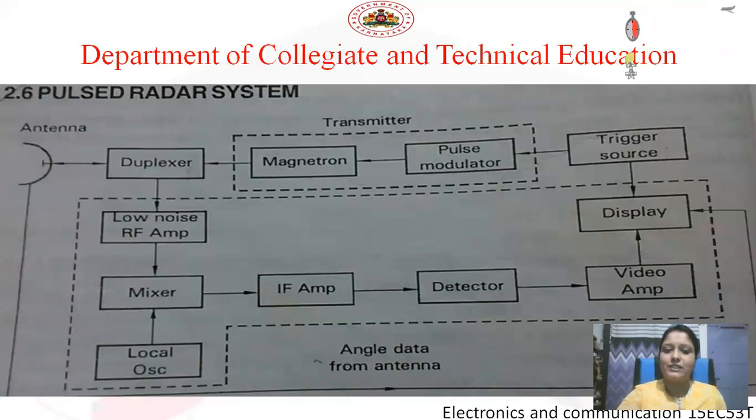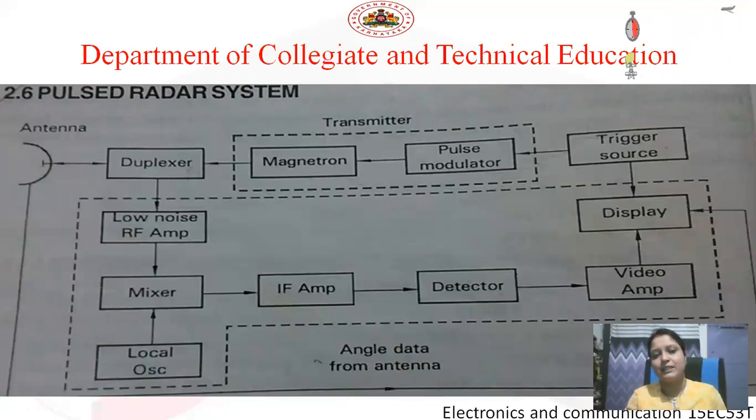Here, the magnetron is generating the microwave signals, that is the high frequency signals, and the purpose of the pulse modulator is to make the magnetron tube turn on and off such that the signals radiated will be in the form of pulses. Now if you observe the trigger source, it is generating square waves or trigger signals, which are connected to the pulse modulator. What is the purpose of the trigger source?